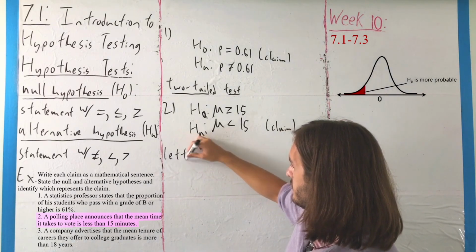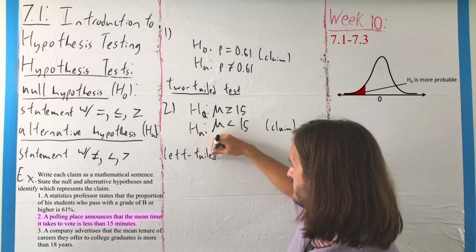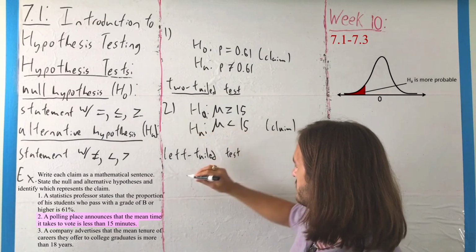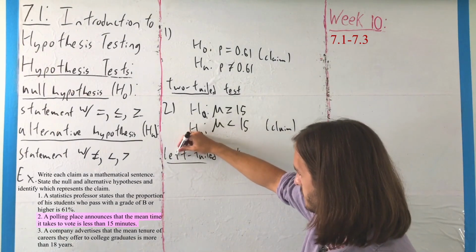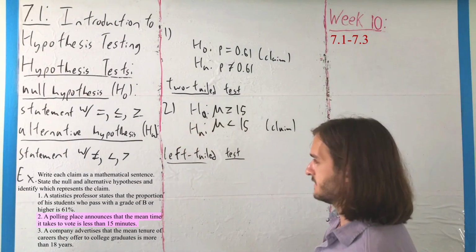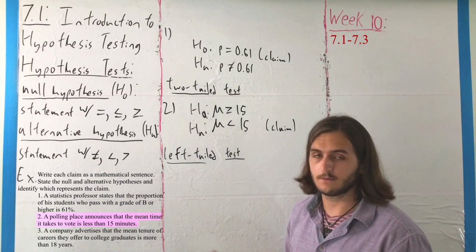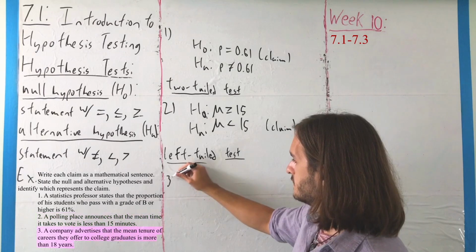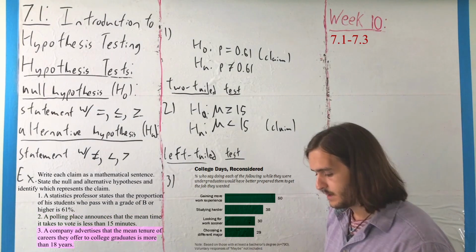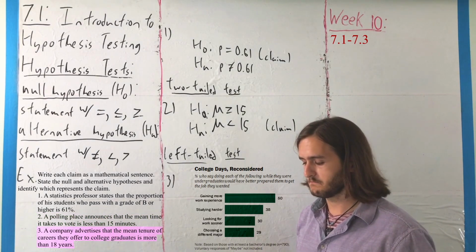We call this a left-tailed test. And again, I'll explain in a little more detail what exactly a left-tailed test looks like when we start computing them.